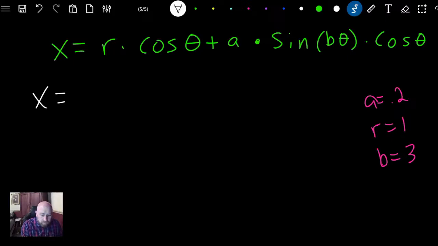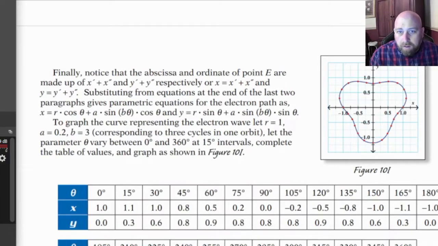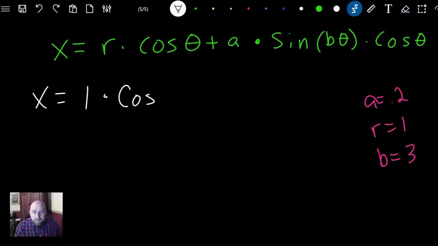X equals r, 1, times the cosine of theta. Our first theta was 0, because remember our chart that we're doing? So our chart here, our first theta is 0. Then we'll have to do one for 15 and so on, but our first theta is 0.